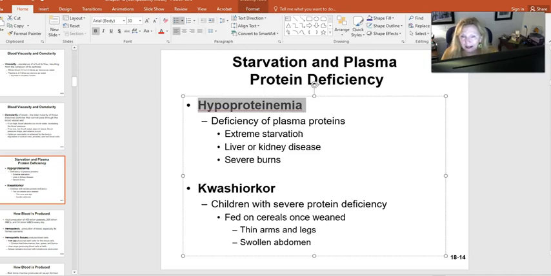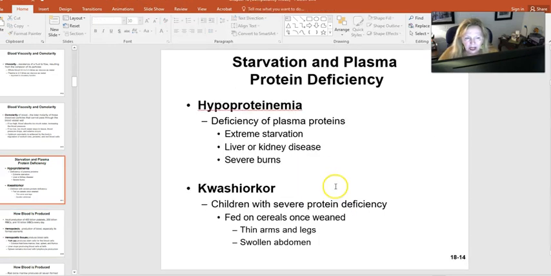Burns, too, because the skin is a major player in keeping these proteins in. So what can happen is that this changes the osmolarity, and what you'll see are people with wasting disease, so their muscles are wasting away, atrophying, being eaten up really, but with really large bellies.